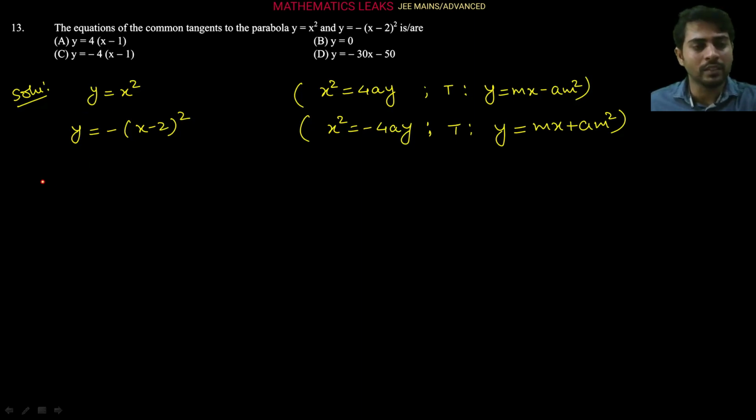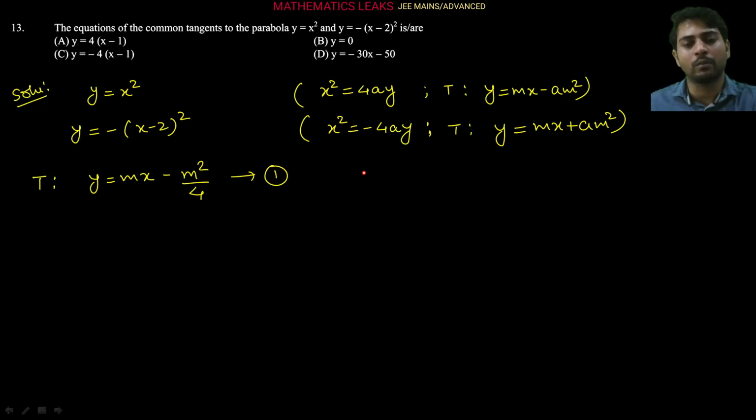For the first one, the tangent will be, here a is 1/4 by comparison, so y = mx - am². So minus am², a is 1/4, so minus m²/4. This is the tangent for the first parabola; let's suppose this is t1 and this is t2.